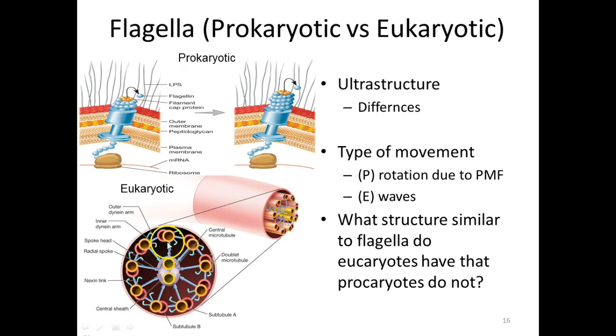There are 2 in the center and 9 pairs on the outside. So it's sometimes referred to as the 9-plus-2 arrangement. Prokaryotes, theirs is made of a single protein that's stacked up on itself almost like a coil called flagellin. That's real inventive, right?